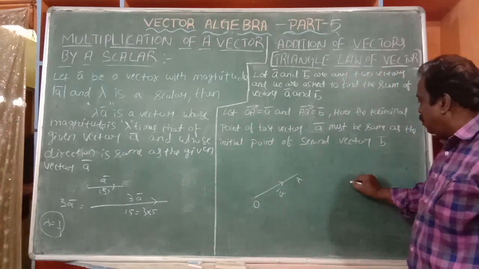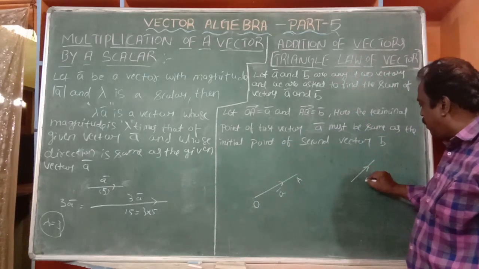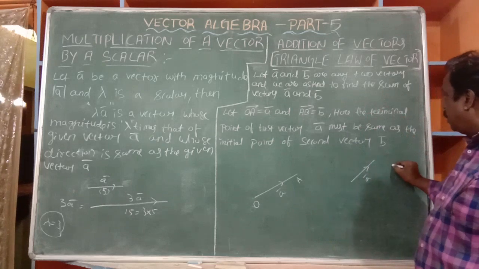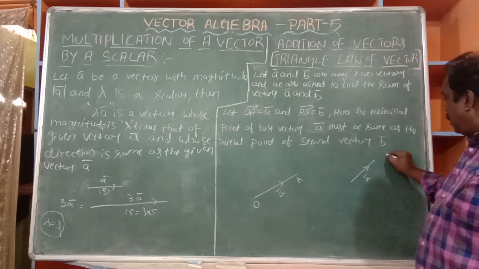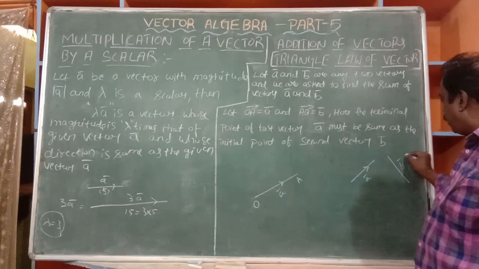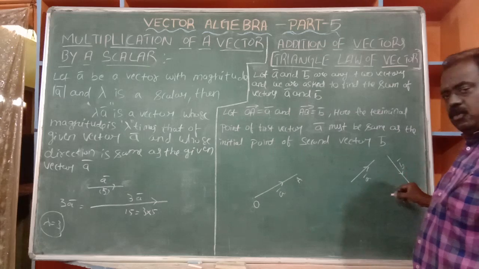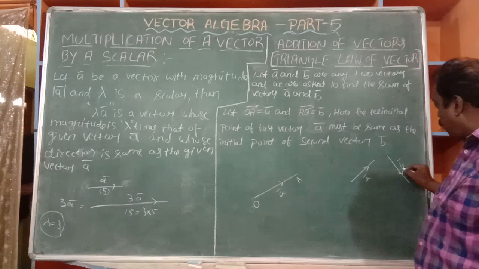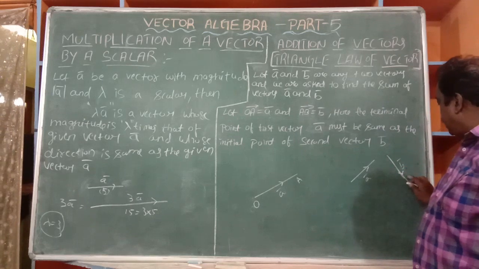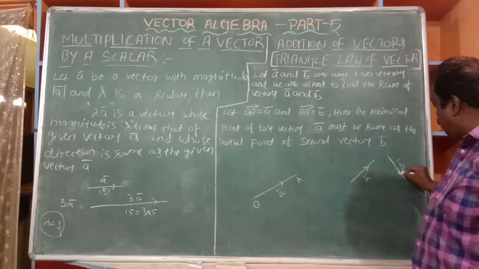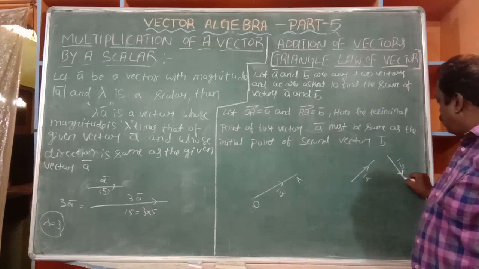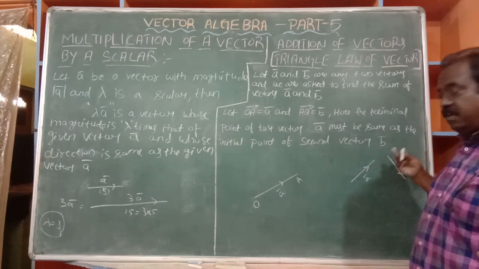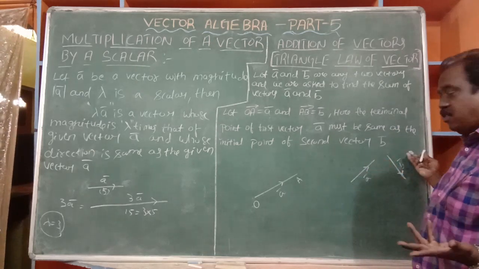Actually, suppose A bar is here, that is the given vector. And suppose B bar is this one. These are two different vectors at two different places in the space. But you observe me. Its length may be different, say 5 units and 10 units.